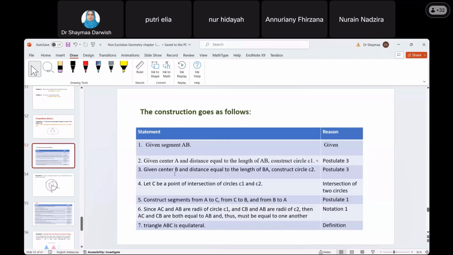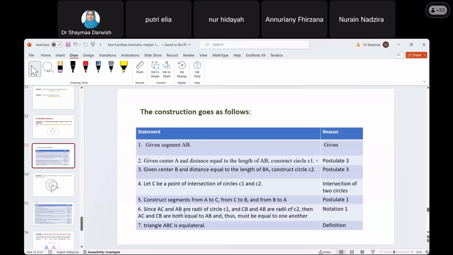You can draw another circle with center B and the same radius BA, also using axiom 3. Then C is the point of intersection. Now you can construct a segment between A and C and a segment between C and B using axiom 1 of Euclid, that between two points you have a segment that connects them.